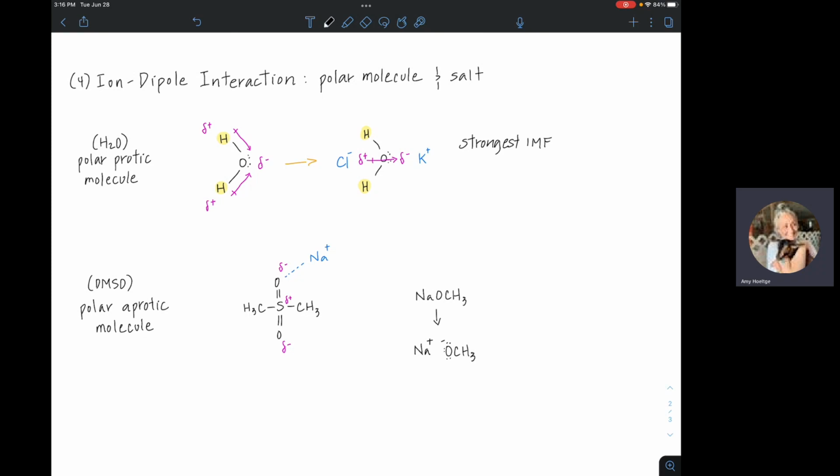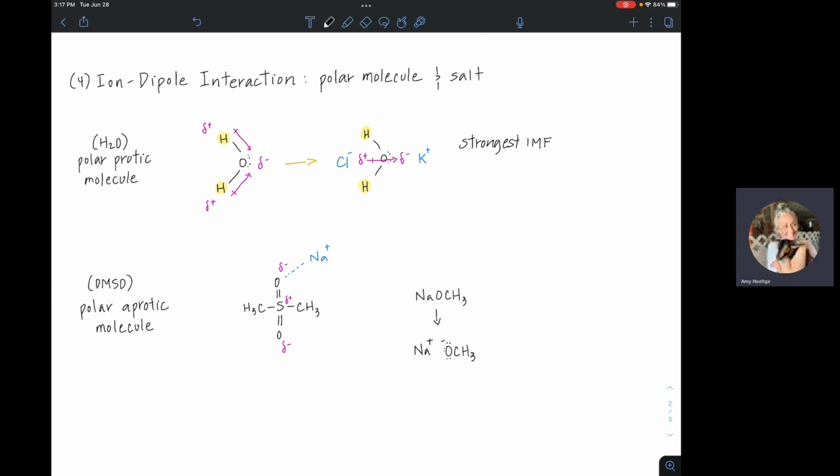I don't want to use water because I can hydrogen bond with the methoxide portion. And I don't want that to happen. I want that oxygen to go buzzing off and attack something else with those lone pairs of electrons. I can babysit the sodium with DMSO. I'm not going to tie up the methoxide portion of the molecule with the partially positive sulfur because it's nestled in the interior of the molecule. It's a little clustered in there.